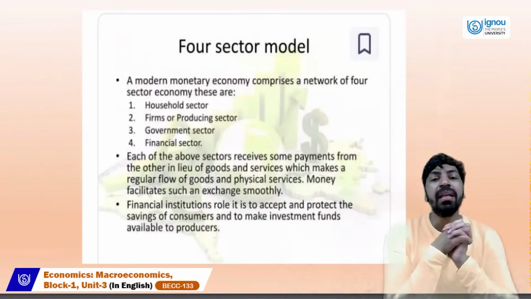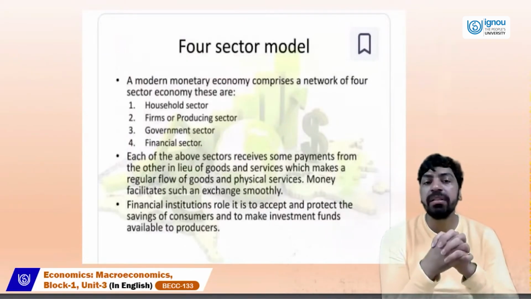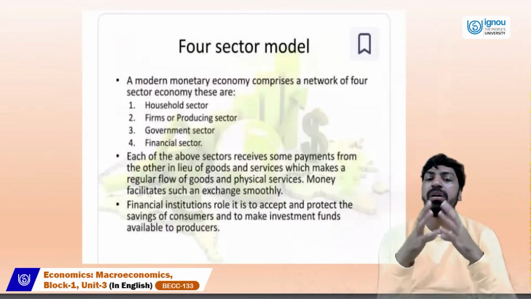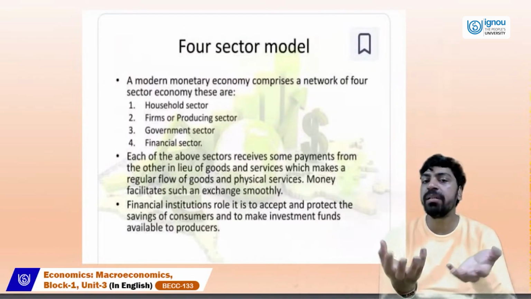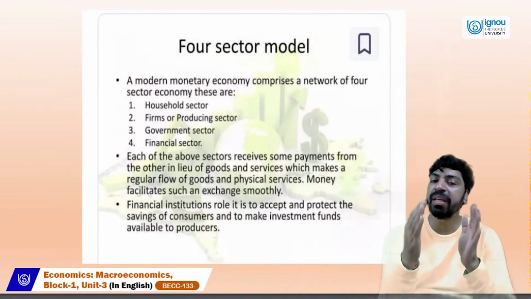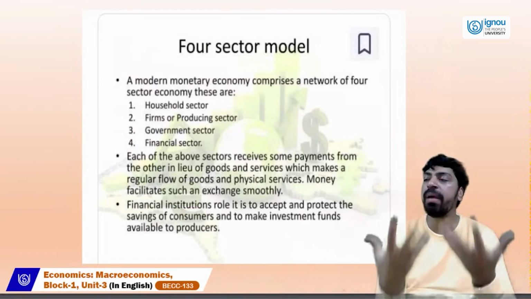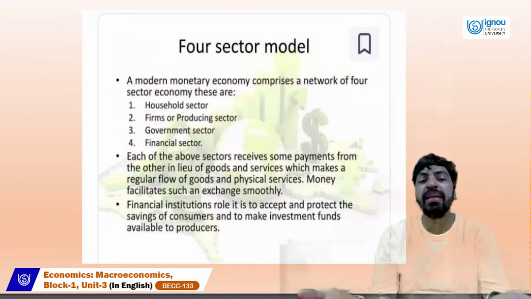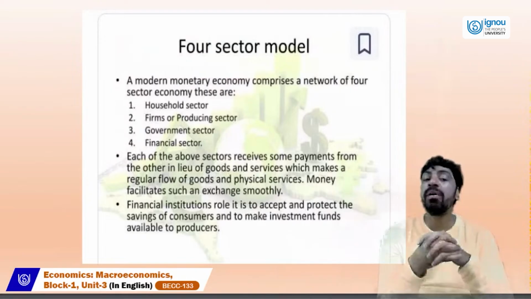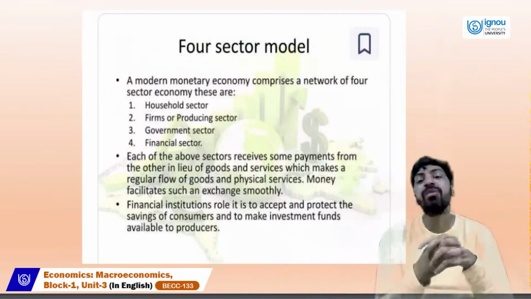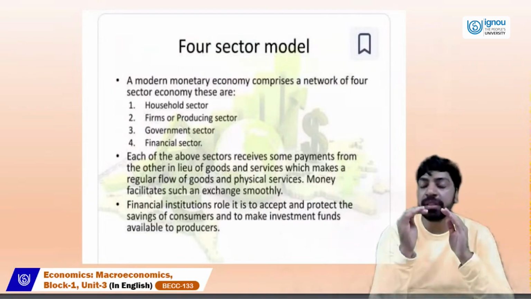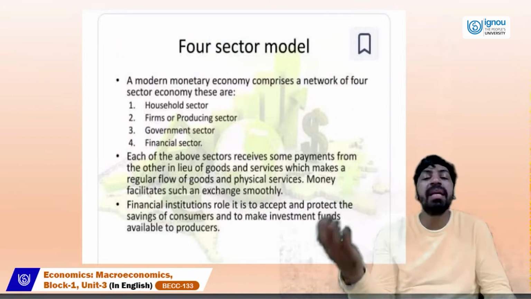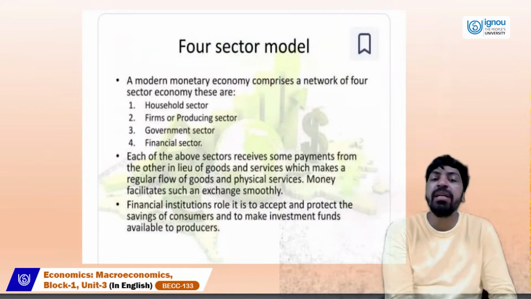So let's begin the four sector model. When we talk about the four sector model, the three main sectors are automatically included, and the roles they play in that model remain the same. The new component added is the financial sector.